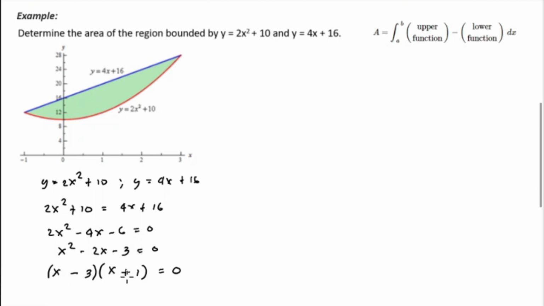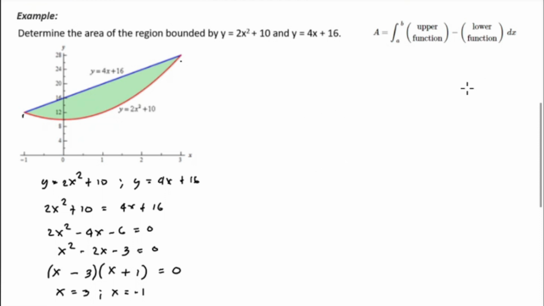So negative 3 times positive 1 is also negative 3. We can find the two values of x, where x is positive 3, while the other x is equal to negative 1. So in this case, we have negative 1 and positive 3.